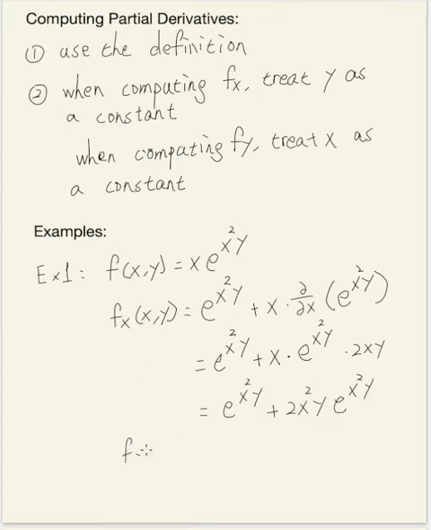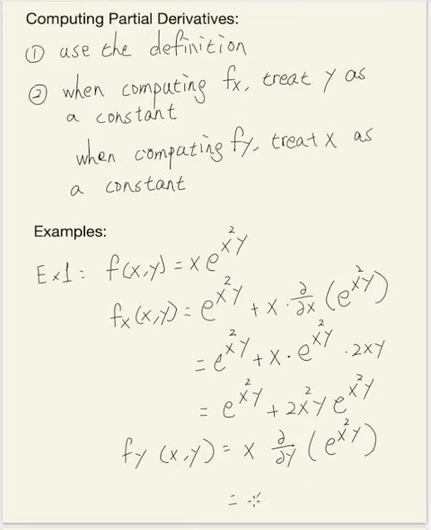Now f sub y is simpler because the first part x does not involve y at all, so that's just a constant. Right, so that's treated as a constant when we're computing f sub y. So it's just x times d dy of e to the x squared y.